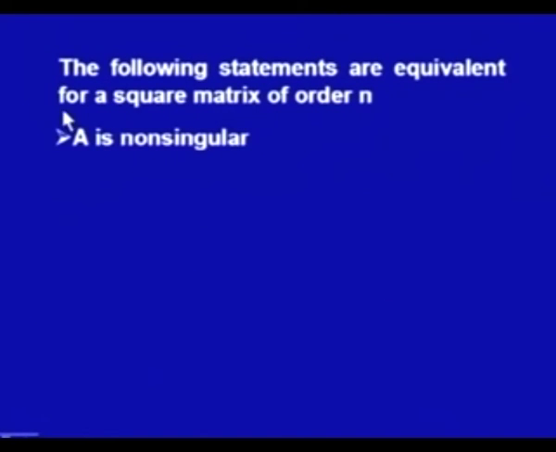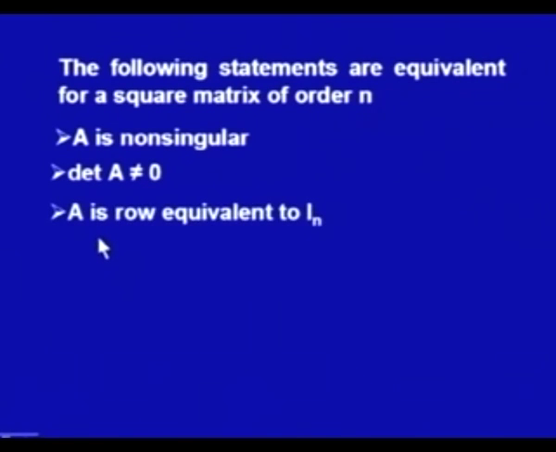Now, we have discussed a number of results related to the two systems Ax is equal to 0 and Ax is equal to b. Now, we say that the following statements are equivalent for a square matrix of order n. The first statement is A is non-singular, second is determinant A is not 0. We are in fact using this as the definition of a non-singular matrix. Then A is row equivalent to In.